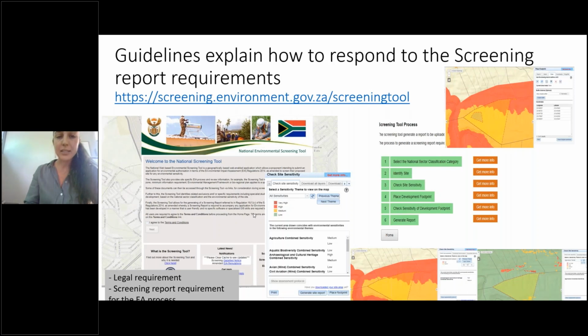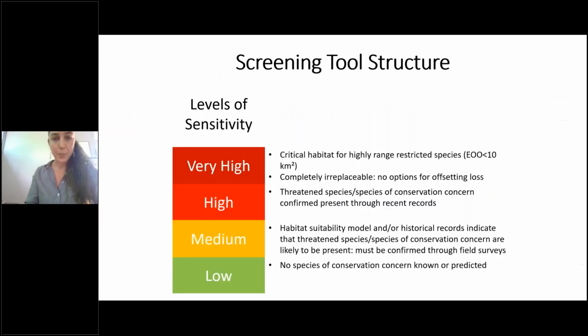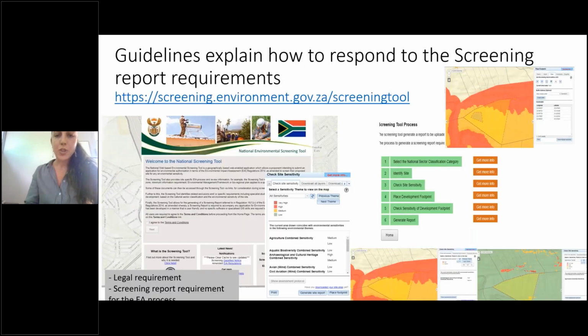And it generates a screening report, which tells the applicant exactly what sensitivity layers have been intersected and what the requirements are to go ahead with either the basic assessment or the full EIA.